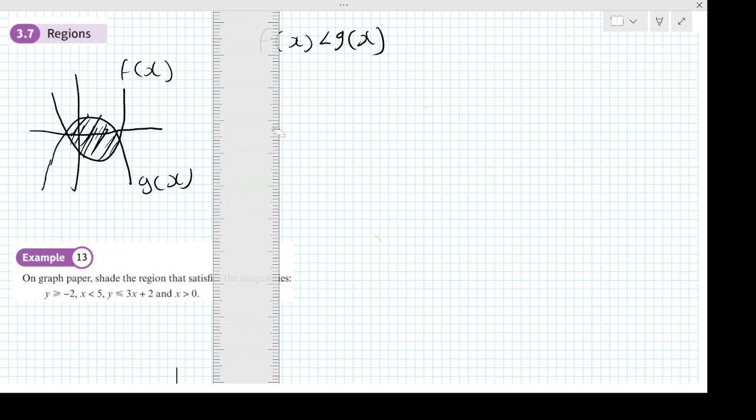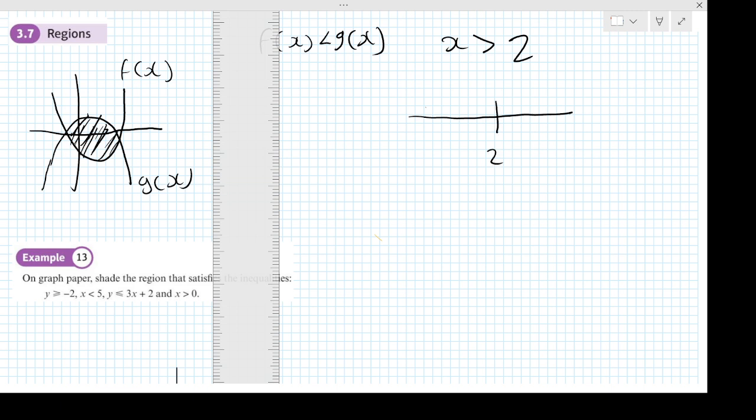Actually, no. Before we get on with it, let's talk about how we can represent inequalities with number lines, which we're used to, right? So if we wanted x is greater than 2, for instance, we looked at this earlier on in the chapter, how we can visualize it on the number line.